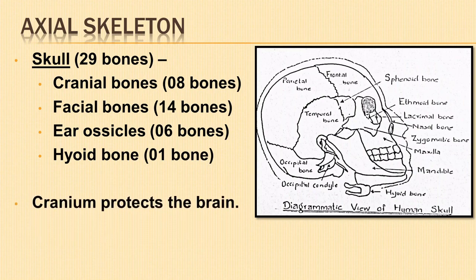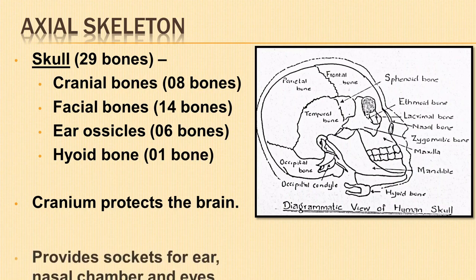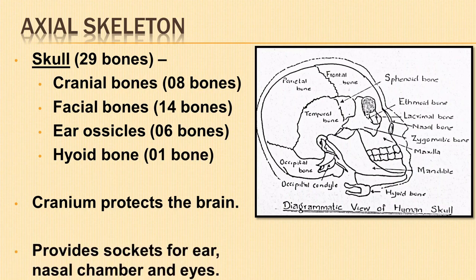The cranium or brain box protects the brain and provides sockets for the ear, nasal chamber and eyes. It consists of 8 bones, namely 1 frontal bone, 2 parietal bones, 1 occipital bone, 2 temporal bones, 1 sphenoid bone and 1 ethmoid bone.